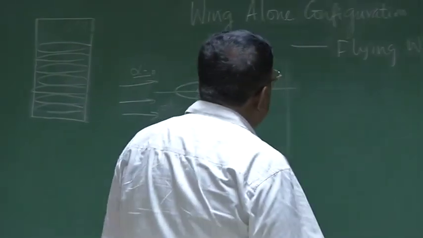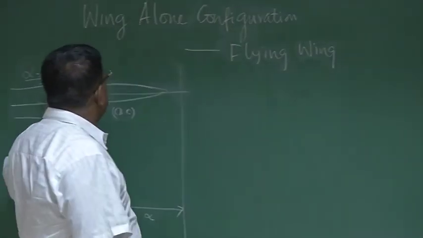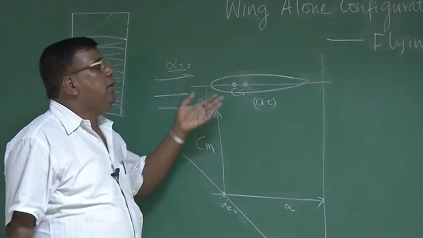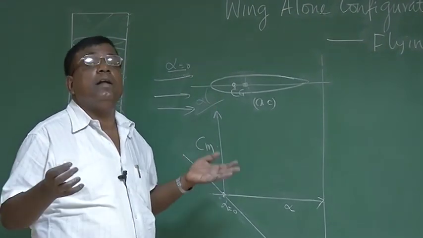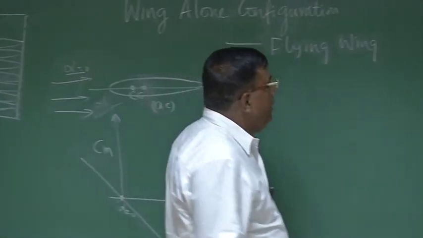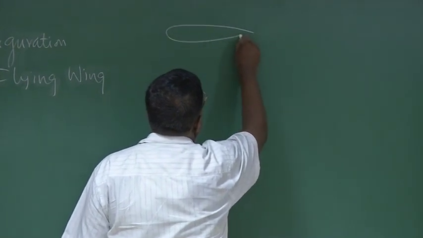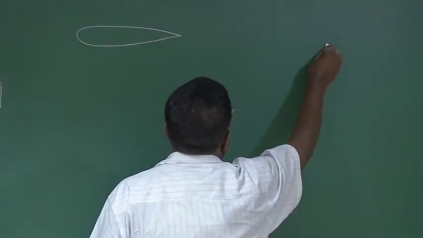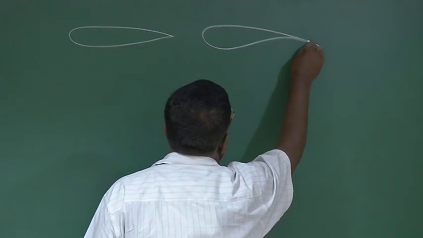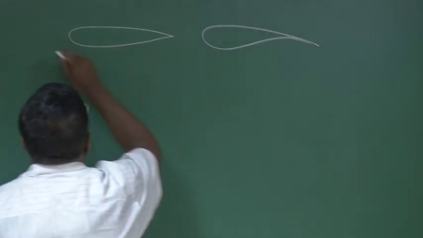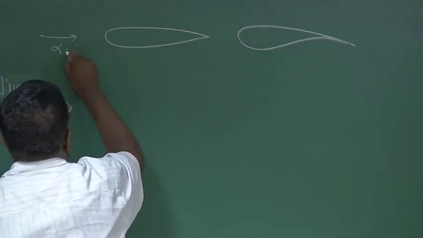Now from here we try to investigate if this wing alone configuration, or the flying wing, was having a cambered aerofoil. Before I do that, let us understand the subtle difference between a symmetric and a cambered aerofoil, especially at alpha equal to 0.